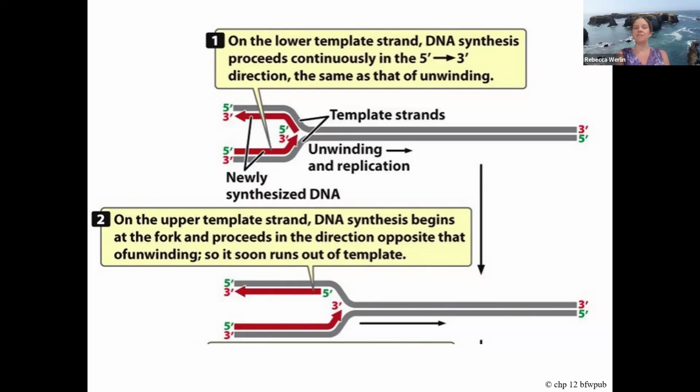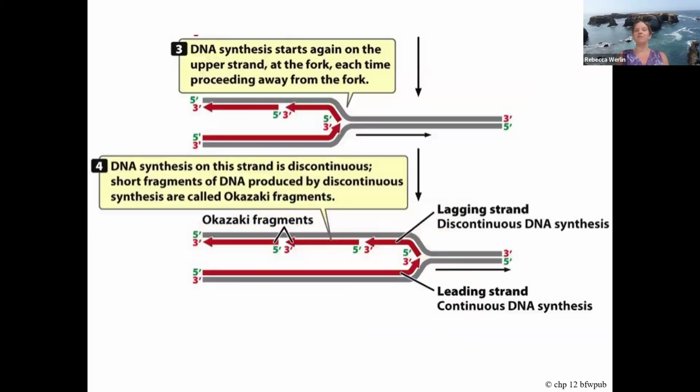So what happens as you continue going on, you have this unwinding. One strand of newly synthesized DNA is made continuously because it's going in the direction of the unwinding and separating of the strands. And the other strand is always made discontinuously because it has to be restarted over and over again as you unwind more template.